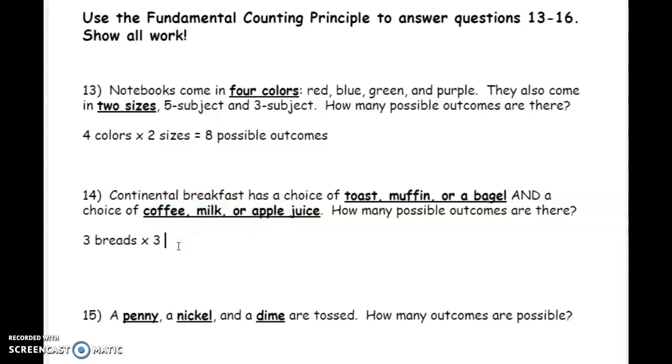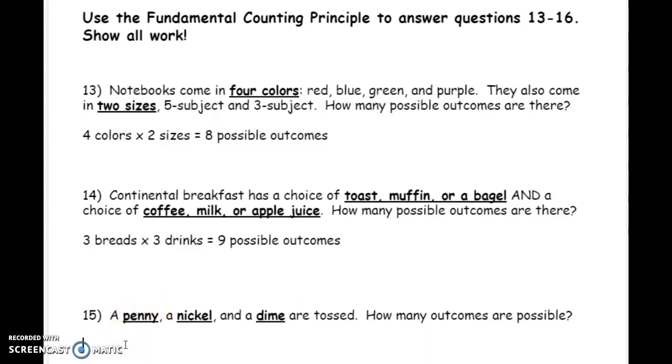So 3 drink choices, 3 drinks. So 3 times 3 will be 9 possible outcomes. Also, when it says show work, this is exactly how I'd like you to answer the questions, because I saw a lot of you just write out numbers, and I will not consider that as correct.